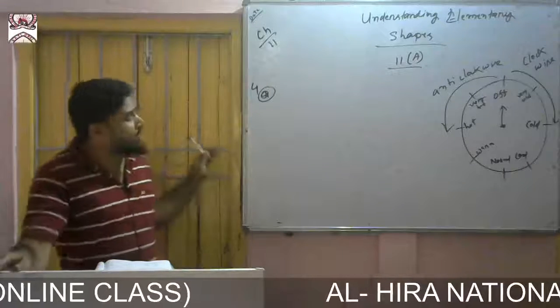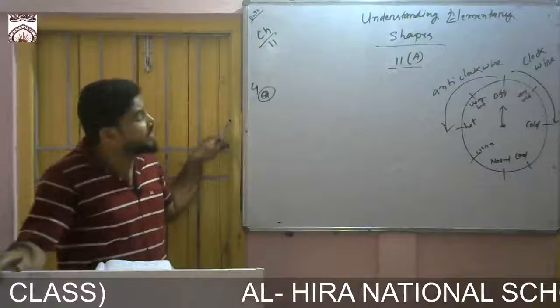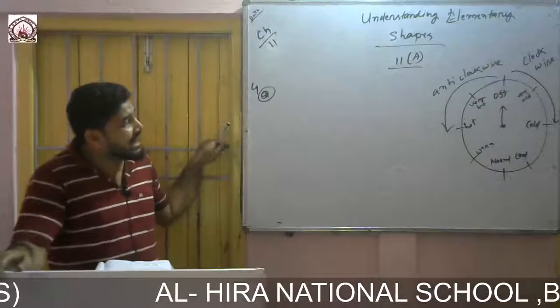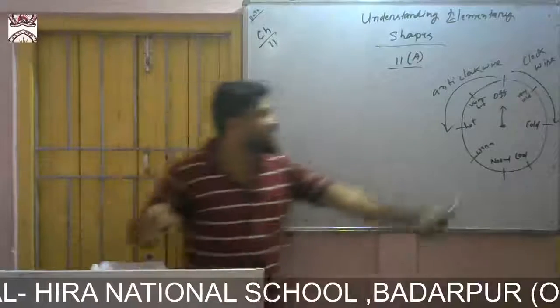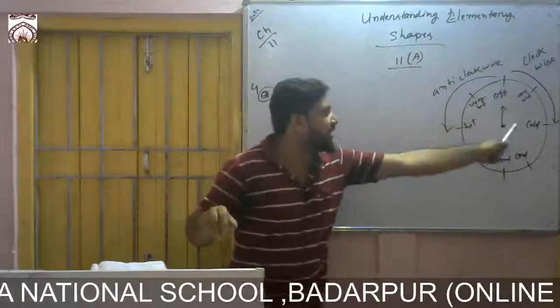One thing you see in the given figure: there are how many markings? 8 markings. So first we need to find the angle of one portion.